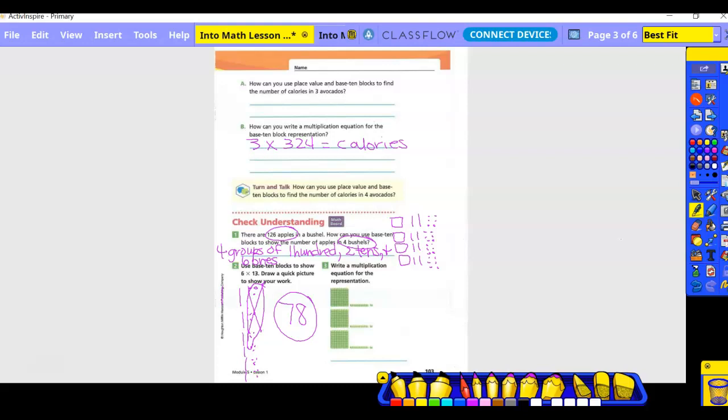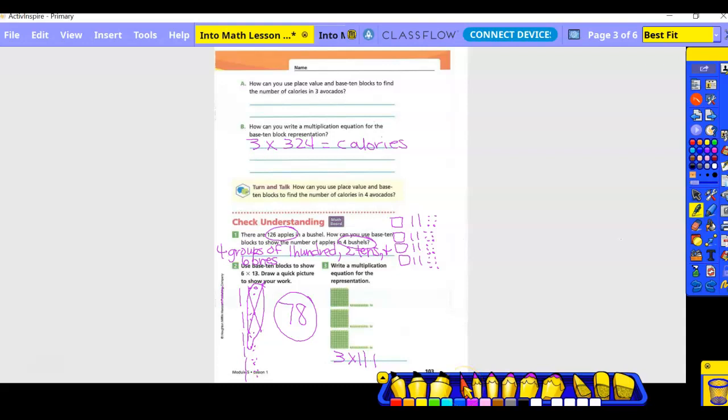Number 3, write a multiplication equation to represent the representation. So how many groups do I have? 3, right? Times, how many are in each group? I have 1 flat. I have how many longs? 3. And I have 1. Oh, not 3, guys. 1, sorry.